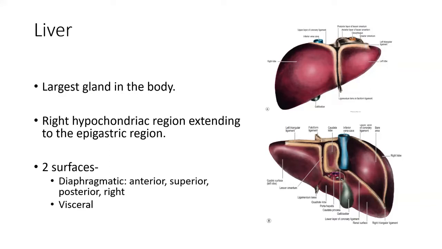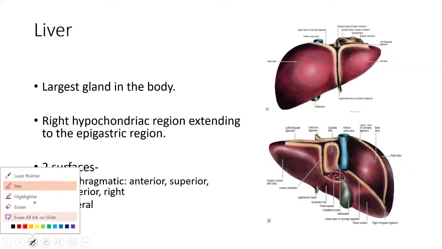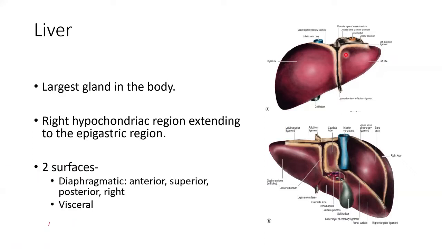The anterior surface. If you look at this image, anteriorly, this anterior aspect is called the anterior surface. On the right side, you have the right surface. And on the superior aspect, you have the superior surface.